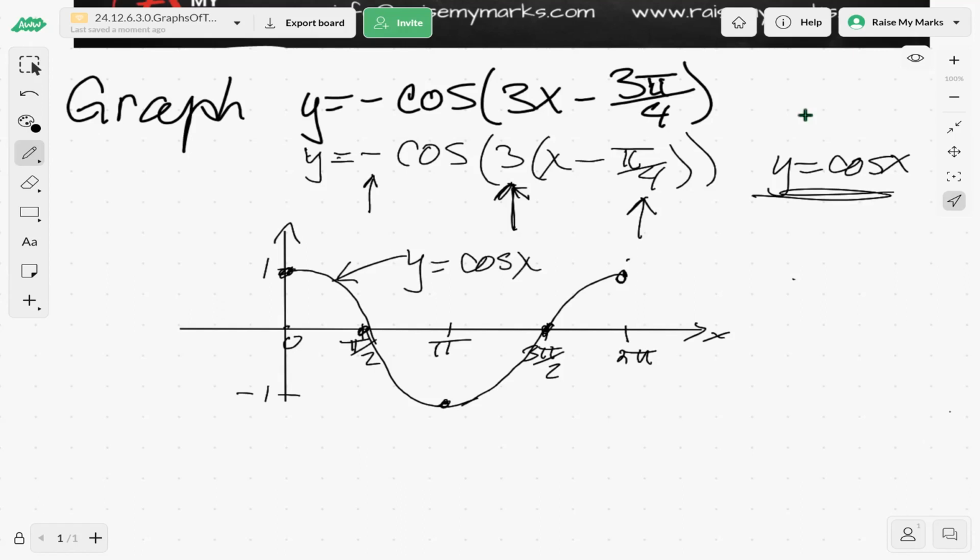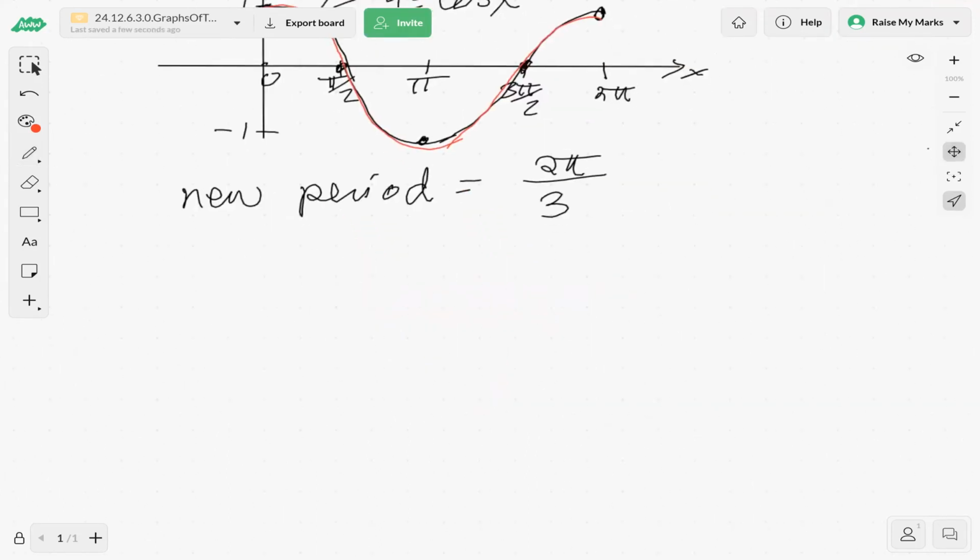This horizontal compression by a factor of 3 is going to change our period. How does it change the period? Our new period is the old period divided by this compression factor, so divided by 3. That means we need to compress this nice red curve that we just drew into an interval of 2 pi over 3 radians. So let's see if we can draw that.